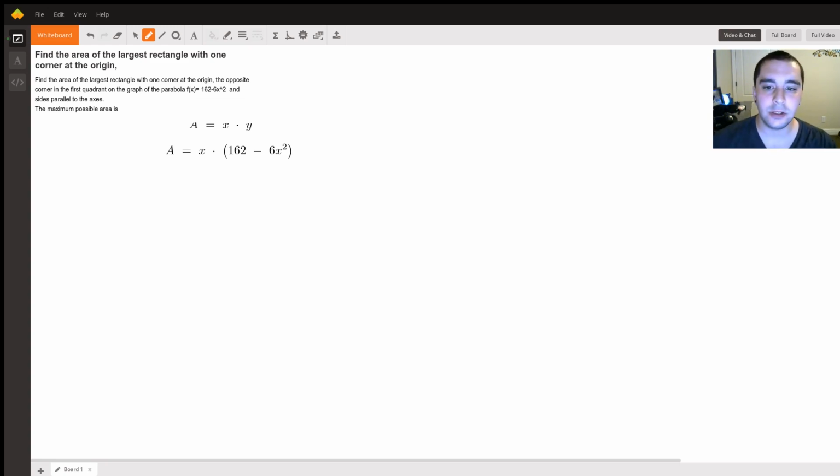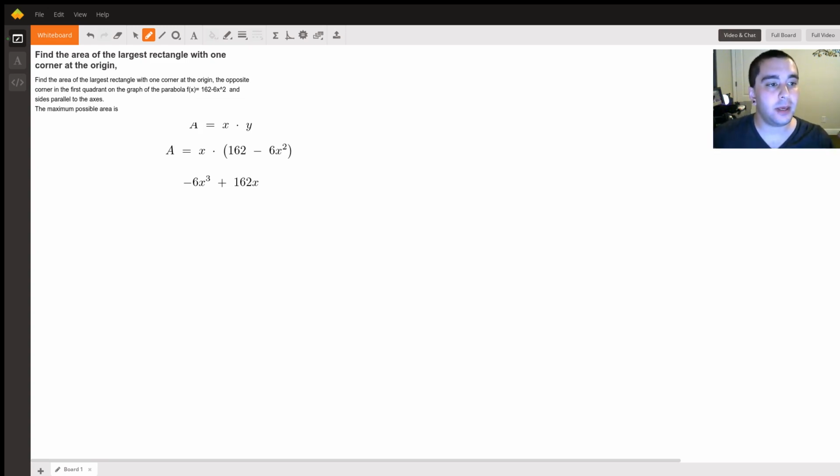Let me rewrite the function one last time. We have negative 6x cubed plus 162x as our function, and this function is going to have to be as big as we can make it.